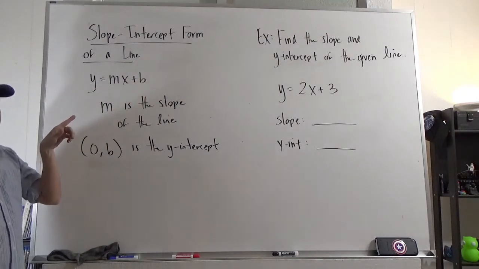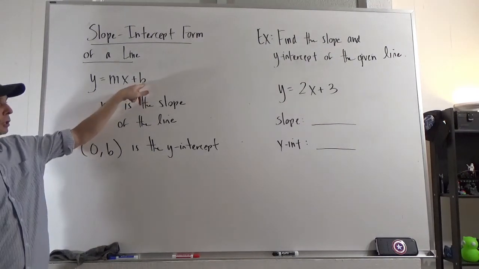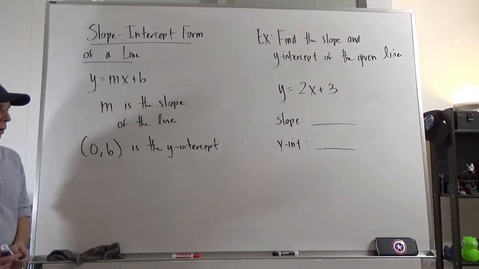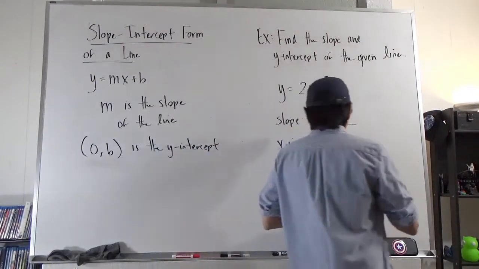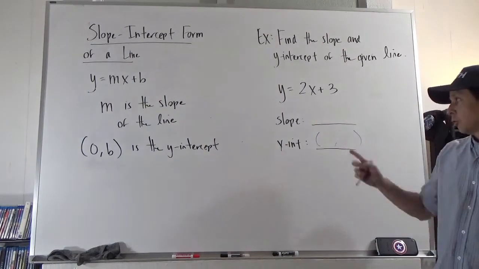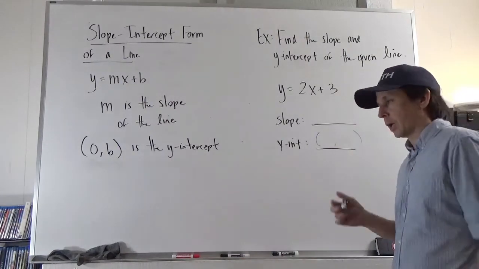And once you have it in that form, you can pick out the slope being the coefficient of the x, and the plus b, the constant term, becomes the y-coordinate of your y-intercept. Make sure you give your y-intercept as a point. Don't just give me a number here. It's going to be an ordered pair. Your slope is just a number. Your y-intercept is an ordered pair. So make sure you do that.